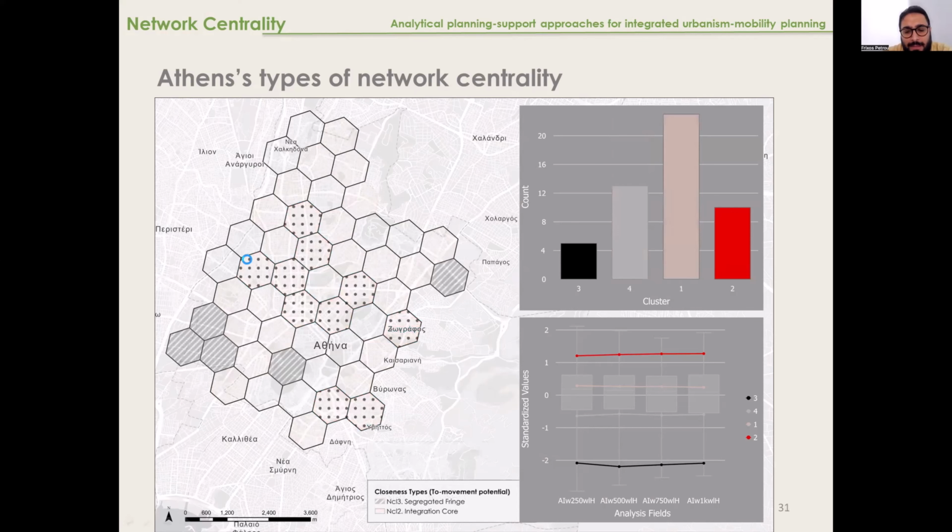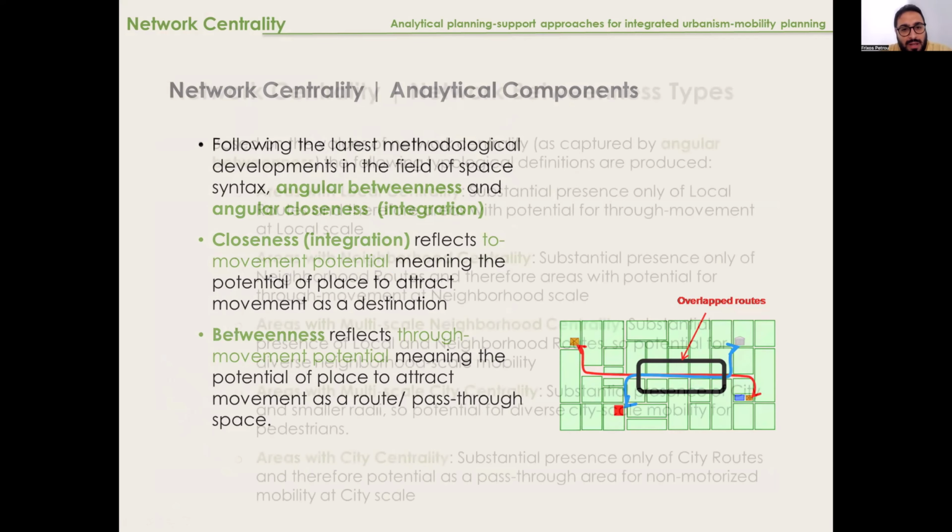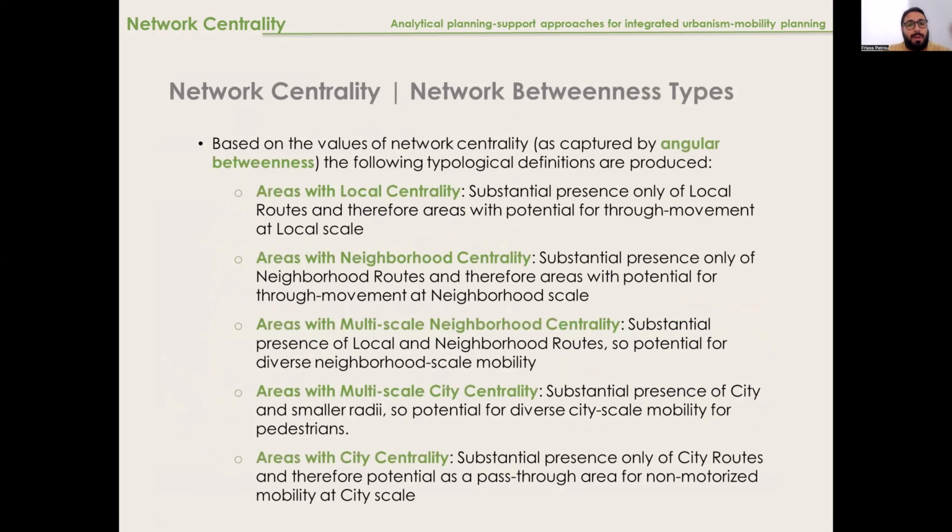In the same idea, we can have the analytical components of network centrality, now focusing on betweenness, which reflects the through-movement potential, meaning the potential of a place to attract movement as a route, as a pass-through space. And this also provides characterizations based on the radius at which we have significant betweenness potential.